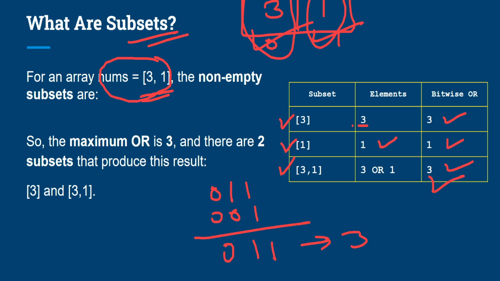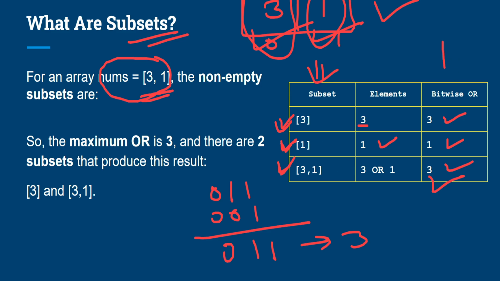So can we say that for any given non-empty array we can form some non-empty subsets? The question says we have to generate the non-empty subsets, and those will be 3, 1, and 3 1. So what is the maximum OR?